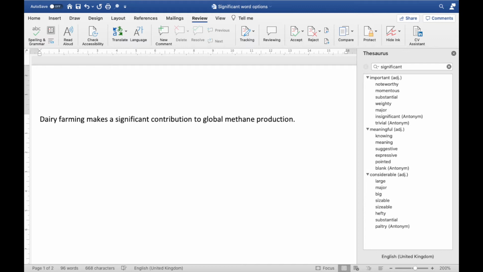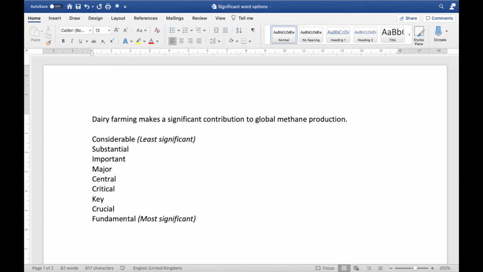So starting off with words that I'd use, I'm going to run through it from where something is the least significant to where it is the most significant. The list of words from least significant to most significant using the thesaurus are these that you can use to replace significant with: considerable, substantial, important, major, central, critical.